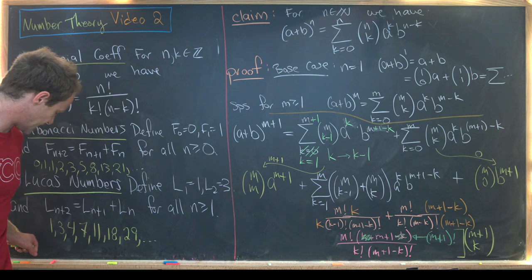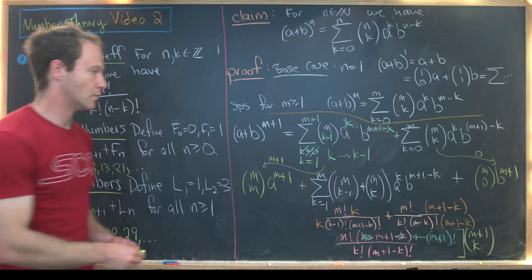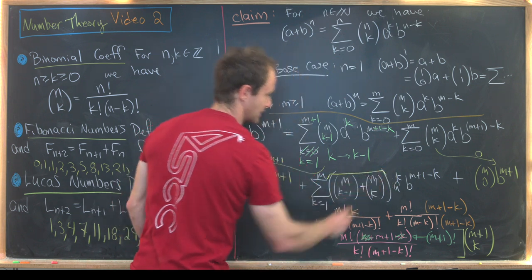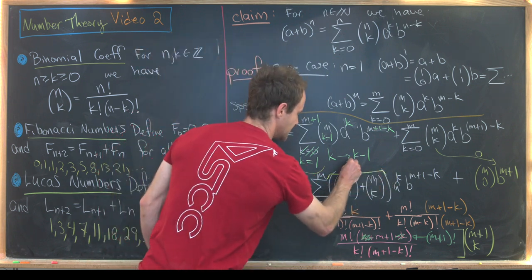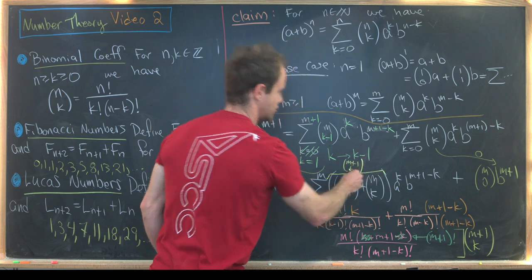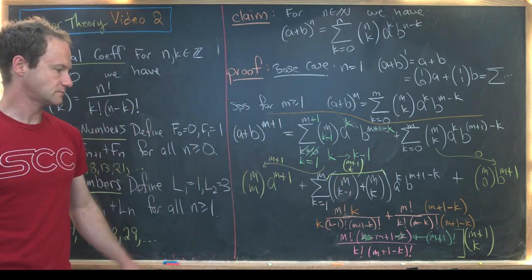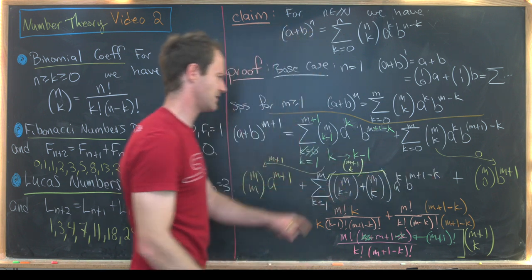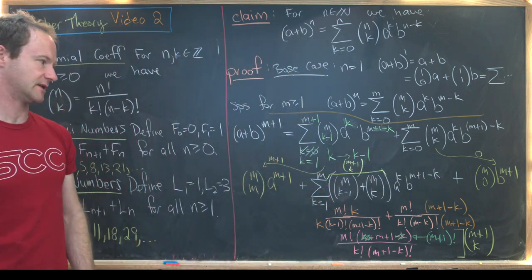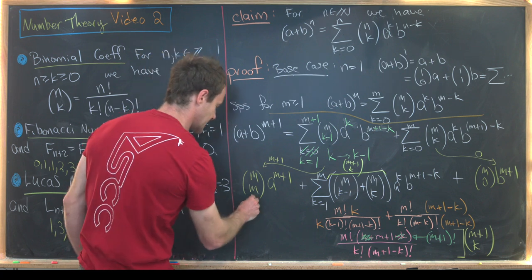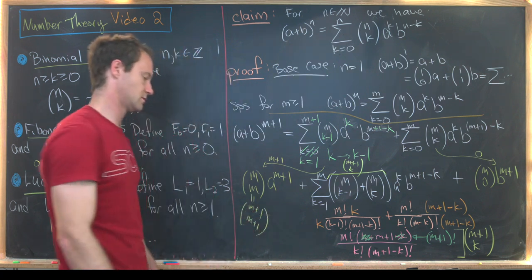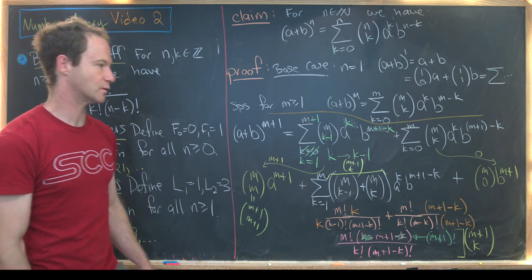So how would we finish this off? Well, we've just shown down here that this bit right here simplifies to m plus 1 choose k. And then we can push these back in. You might be worried about pushing those back in, but m choose m is the same thing as m plus 1 choose m plus 1, because they're both equal to 1.